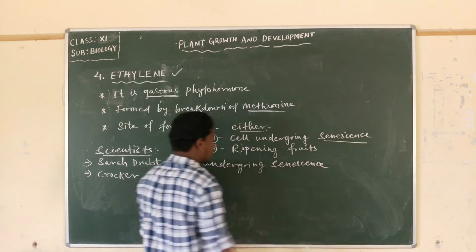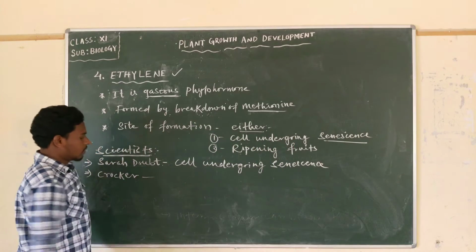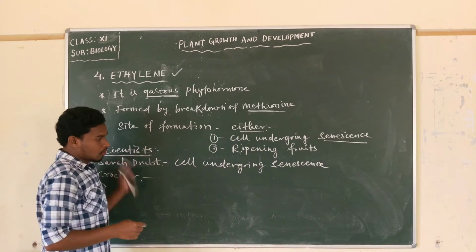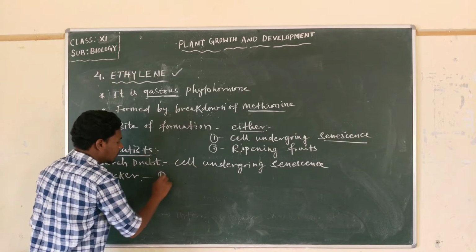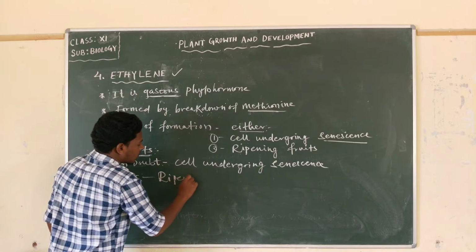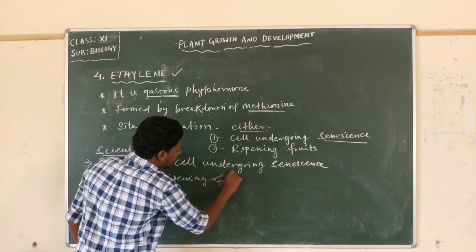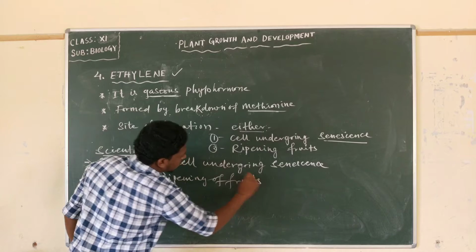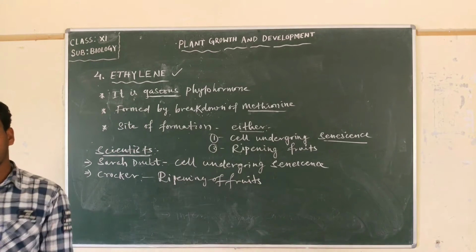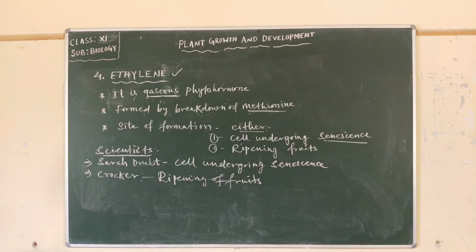Crocker is another scientist who found ethylene during ripening of fruits. So these were the two scientists who found the phytohormone known as ethylene.